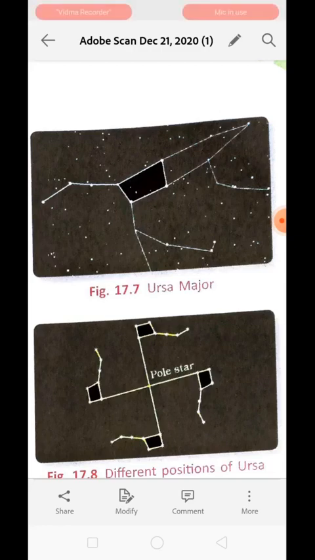Sometimes people also connect these dots to make a bear. That is why it is termed the Great Bear. In our country we know it as Brihat Saptarishi.